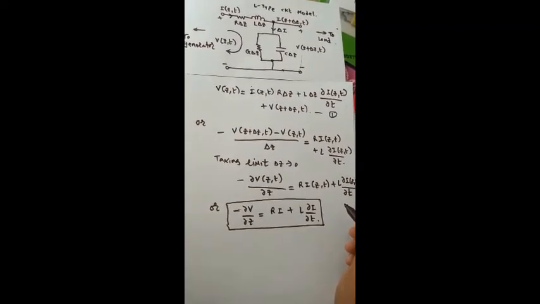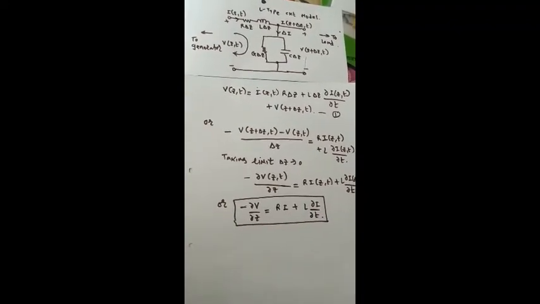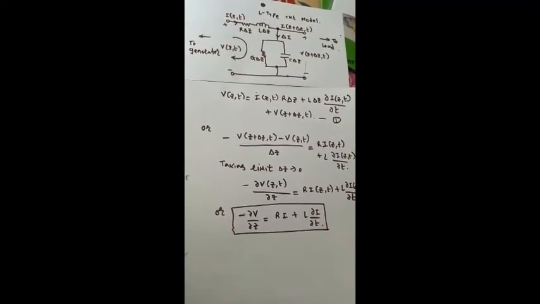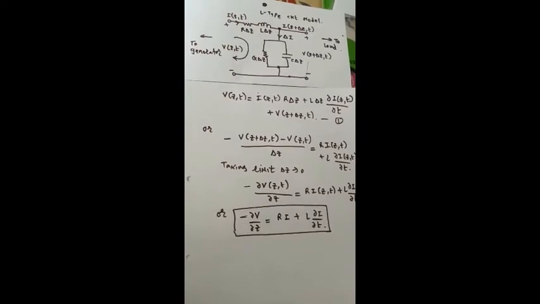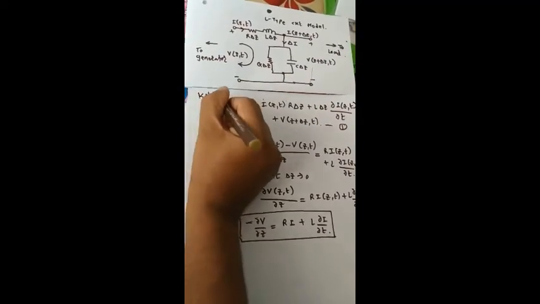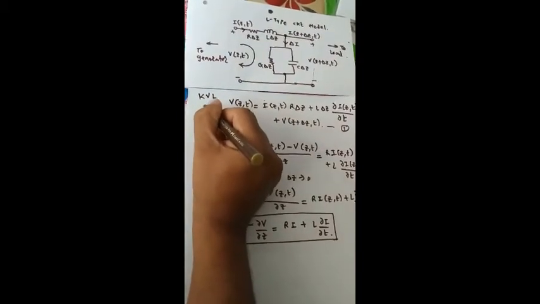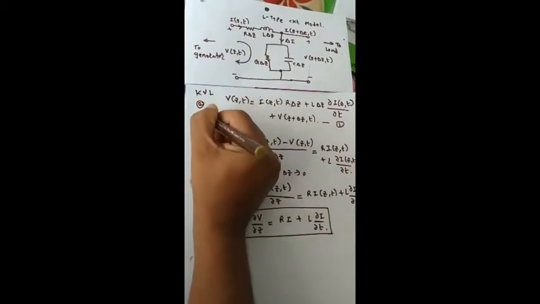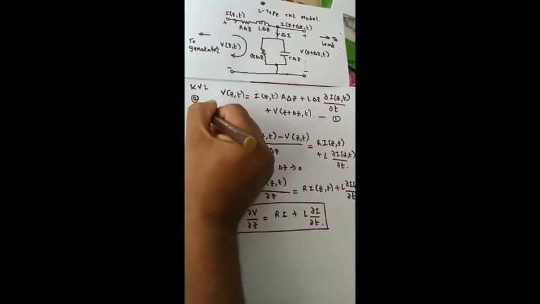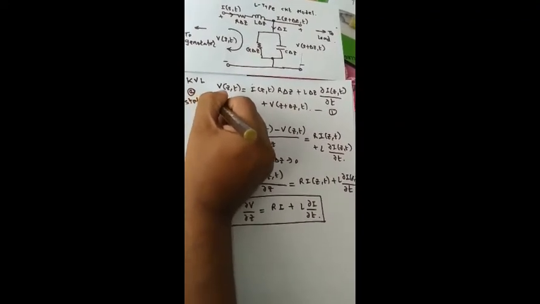Now similarly, for obtaining the second relation, we will apply KCL. Earlier we used KVL in the starting loop.